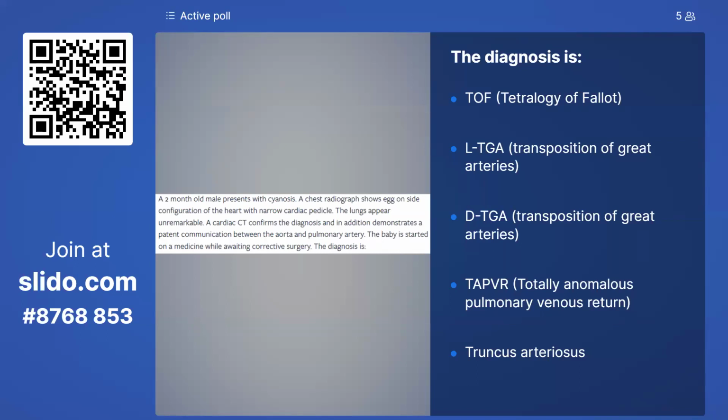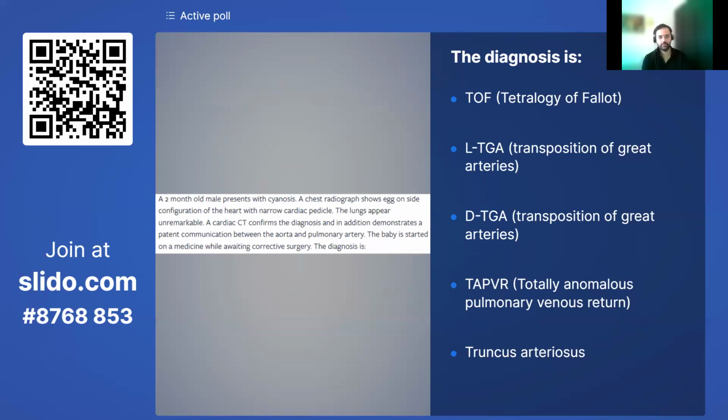There is the egg on a string appearance, which I think is characteristic for TGA. Also the baby is dependent on the patent ductus arteriosus for the circulation. With TGA they are duct dependent. So I think that's why it is.